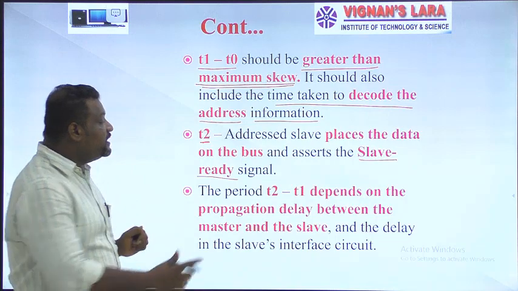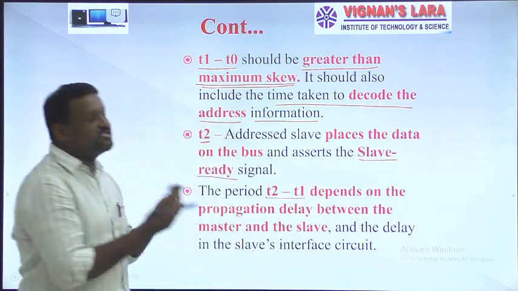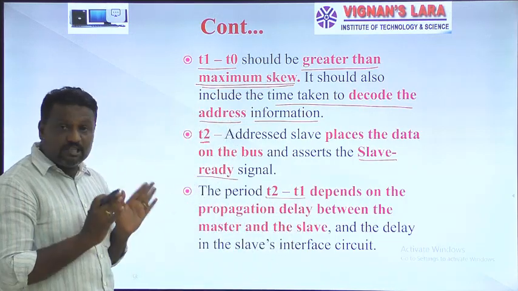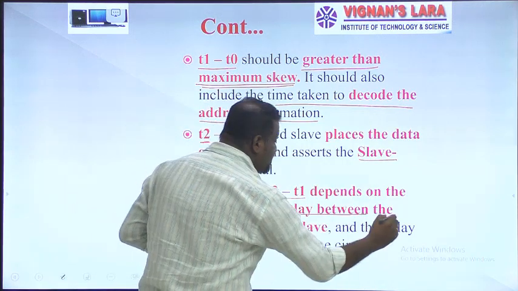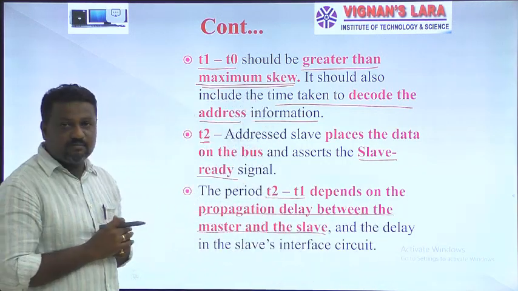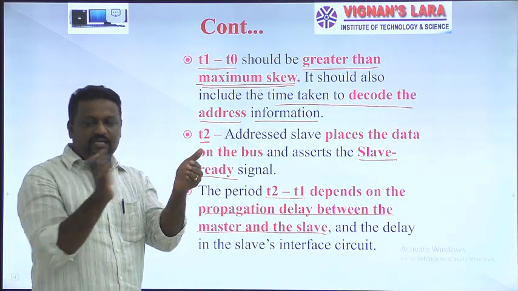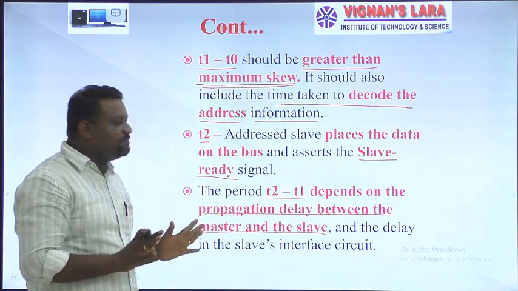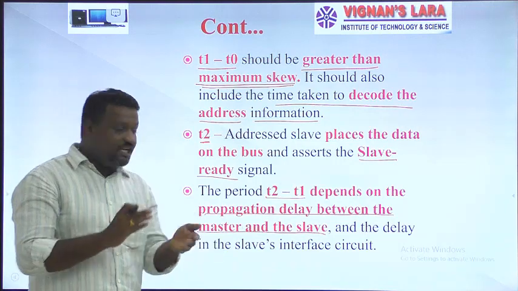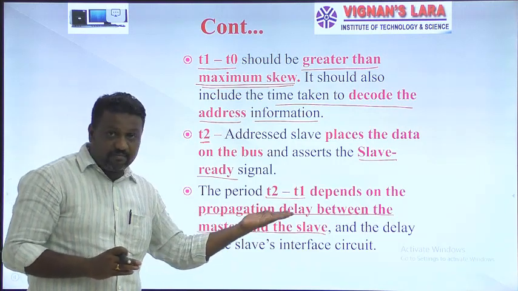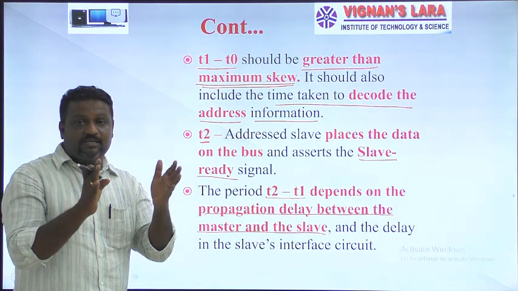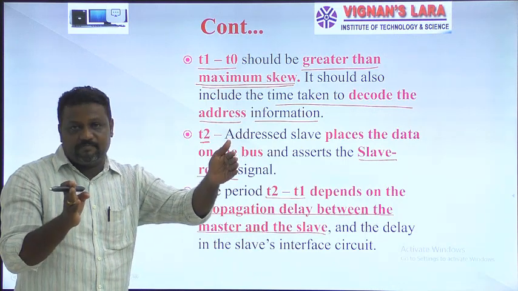And next, the period, that is T2 minus T1, depends on the propagation delay between the master and the slave. It is very, very important. So the difference between T2 minus T1 purely depends on the maximum propagation delay between the master and the slave. In the last class, we clearly discussed the propagation delay over the bus.